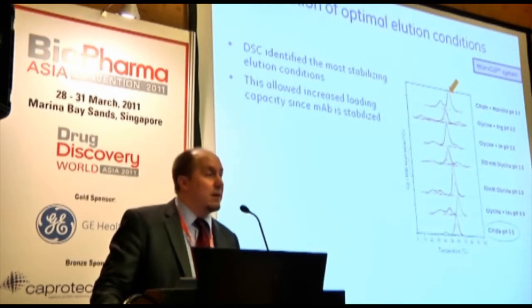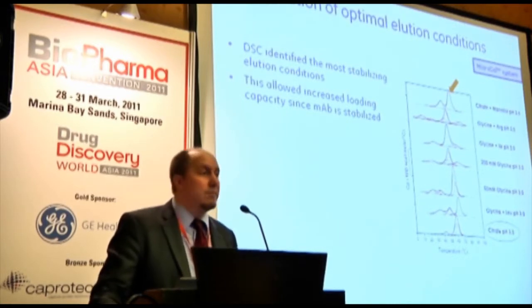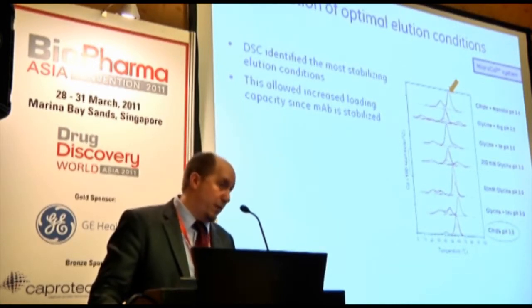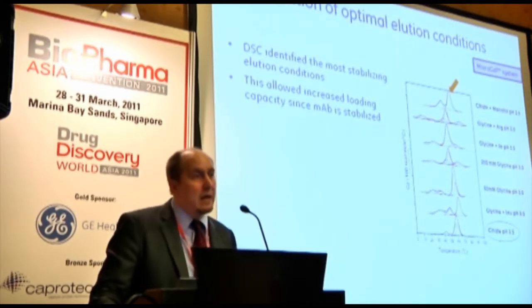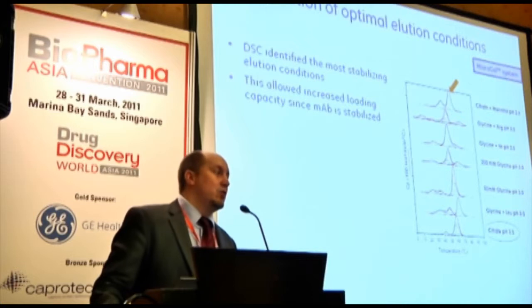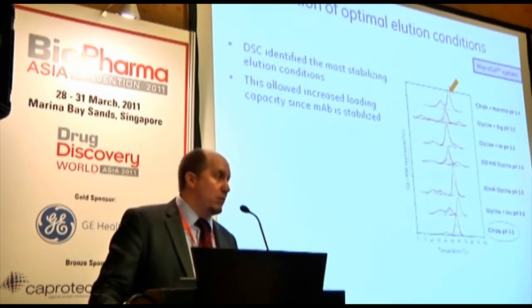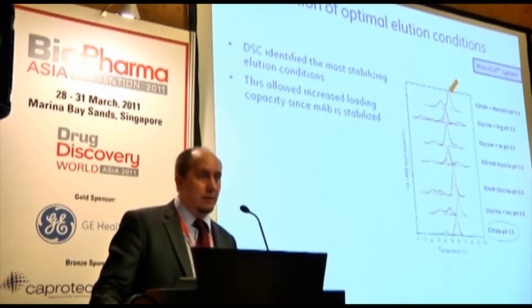They could even remove the filtration steps, the ultra and diafiltration steps at the end of the process. And that saved hundreds of thousands of US dollars when they were scaling up the process, as well as enabled them to utilize the protein A resin to a much fuller extent before repacking the columns.